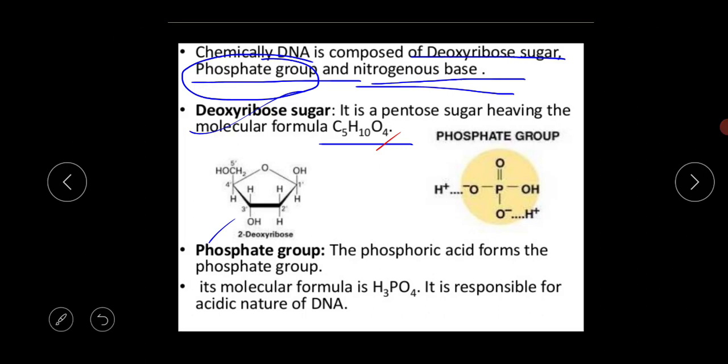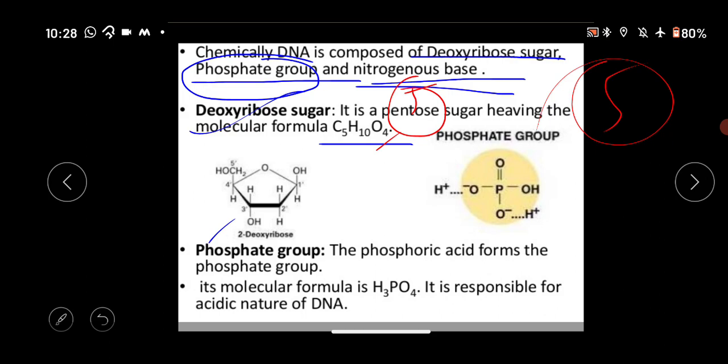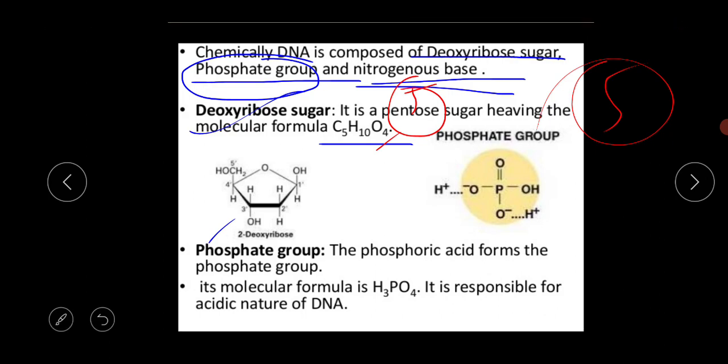Pentose sugar means 5 carbons are there. Already we have discussed that there are 2 types of sugar, ribose and deoxyribose. Ribose is present in RNA and deoxyribose is present in DNA.